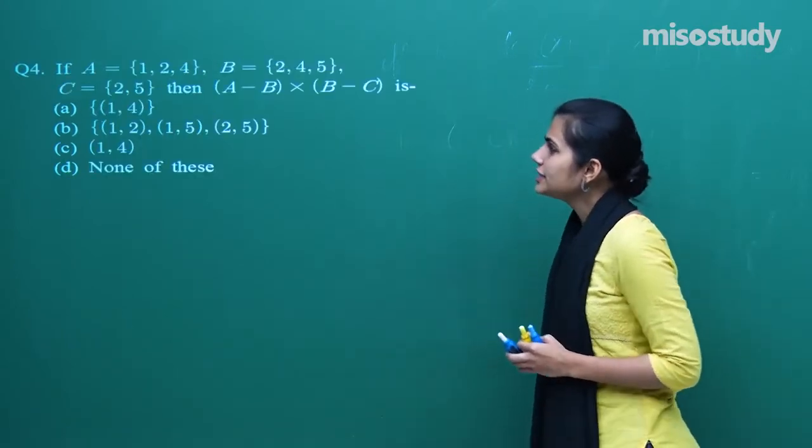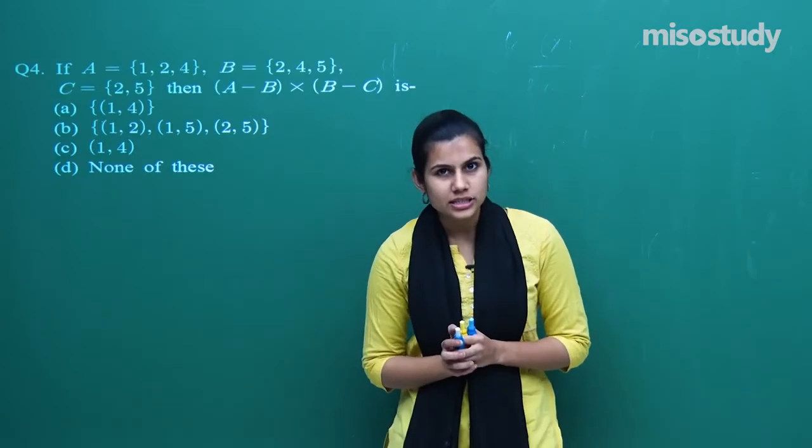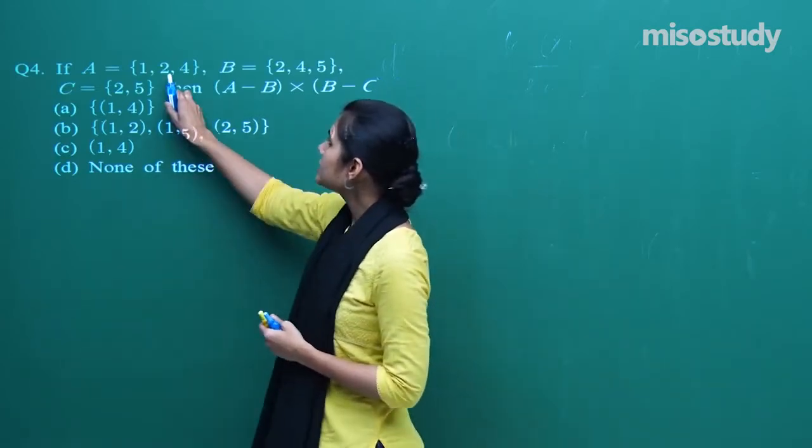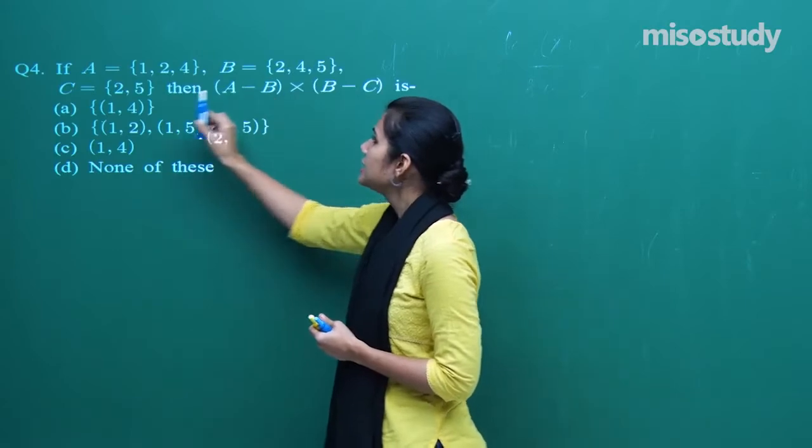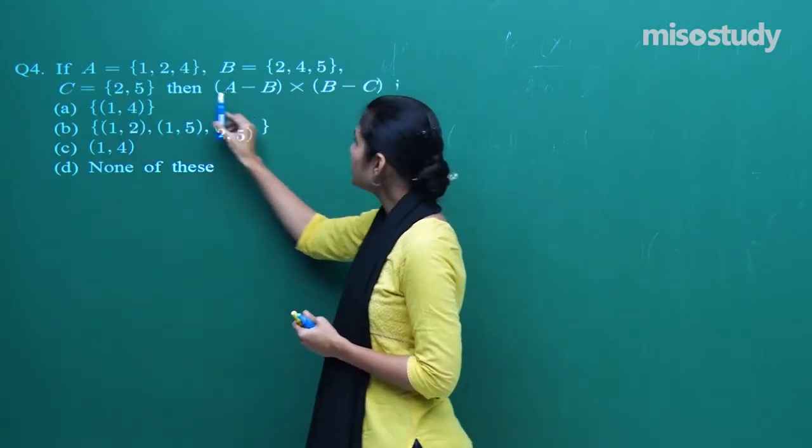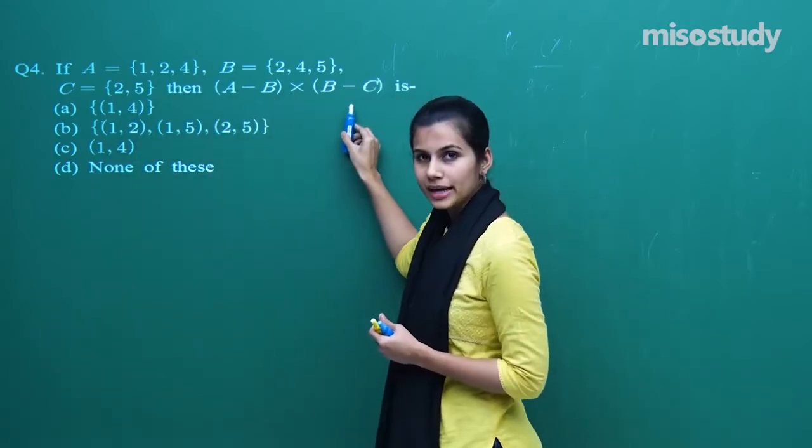The next question deals with, again, relations. It says that if A is this set, B is this set, C is this set, what do you think is (A minus B) cross (B minus C)?